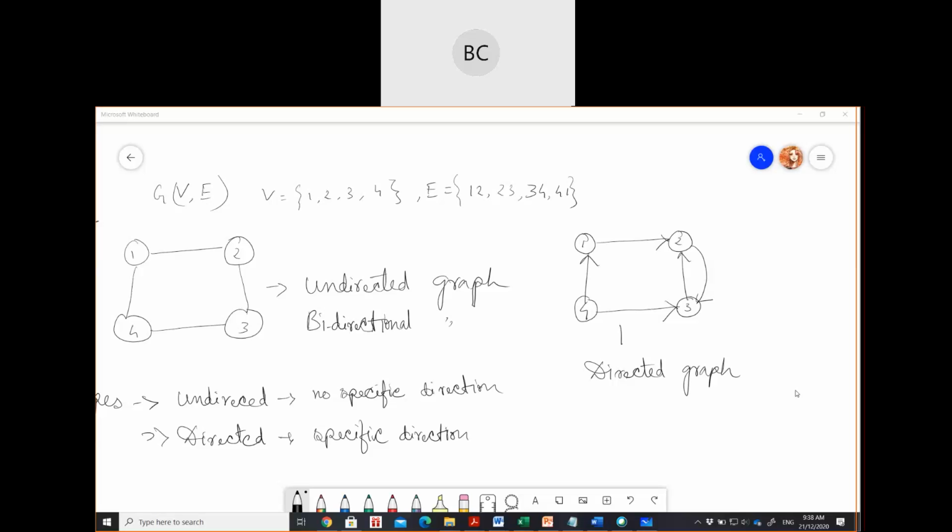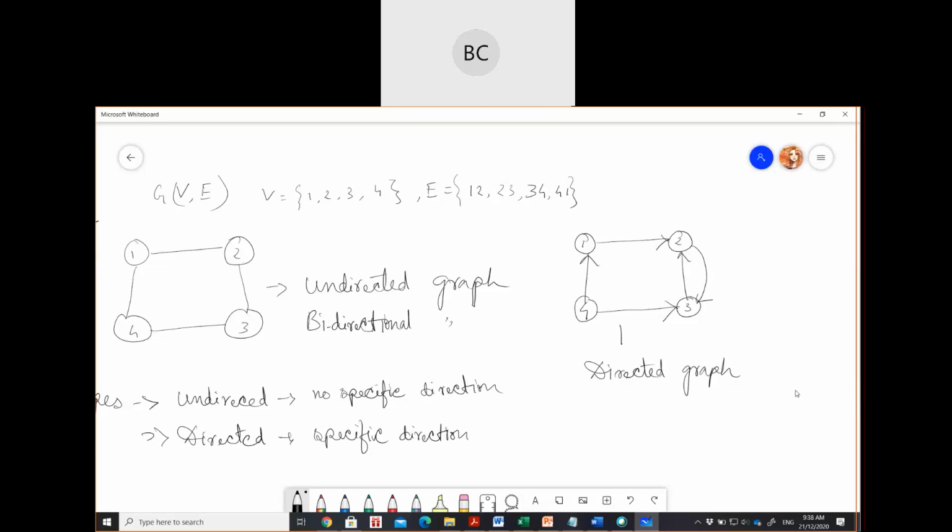You can go from 1 to 2, and again move back from 2 to 1. From this edge also, you can move from 2 to 3, and again from 3 to 2. If a node has an edge, then from that node you can go to another node, and from that node you can go back, because there is no specific direction. That's why you can go both ways.